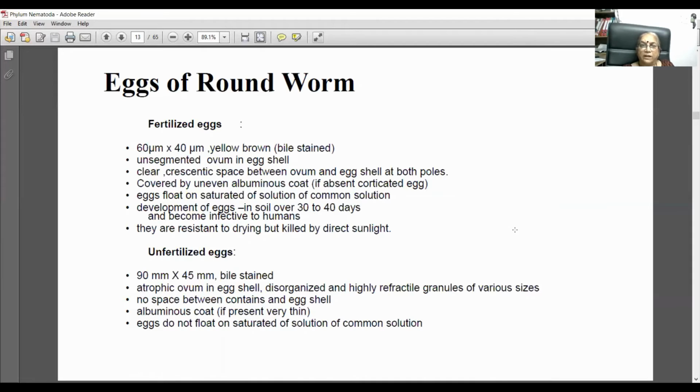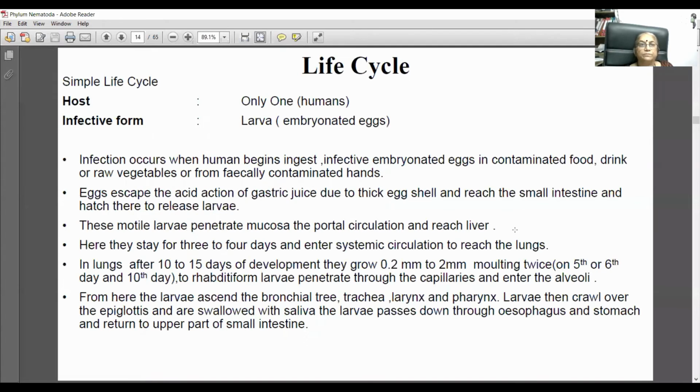Fertilized eggs are lighter and smaller, and therefore they will float on the saturated solution of common salt. Unfertilized eggs are larger and heavier, and they do not float on the saturated solution of salt.